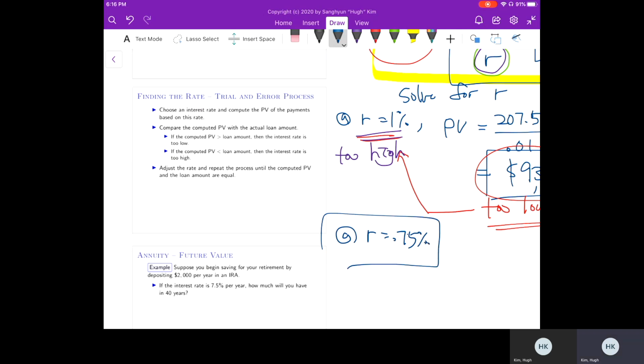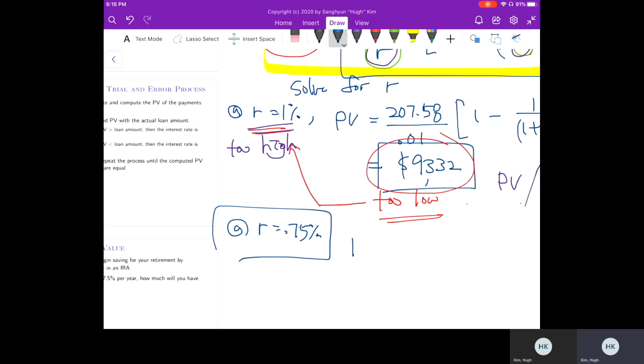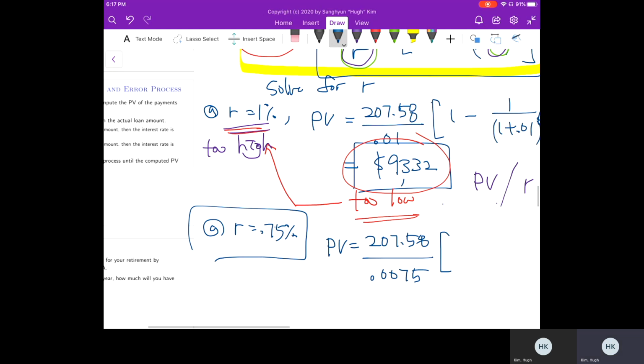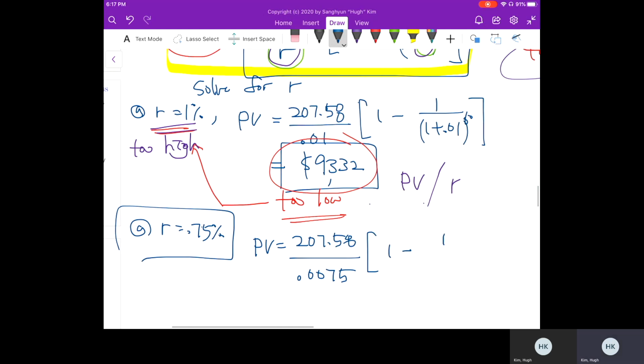At this 0.75%, I compute my present value as 7.58 over 0.0075 times 1 minus 1 over 1 plus 0.0075 to the 60th, and that is $10,000.